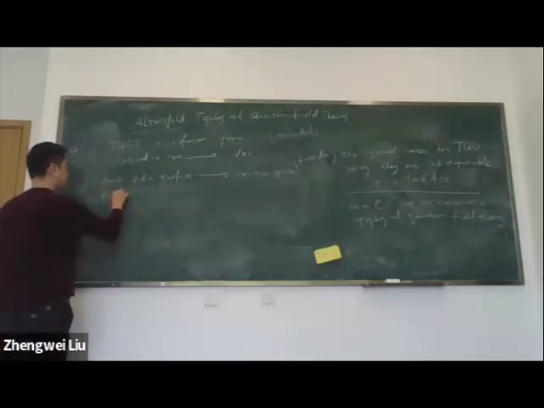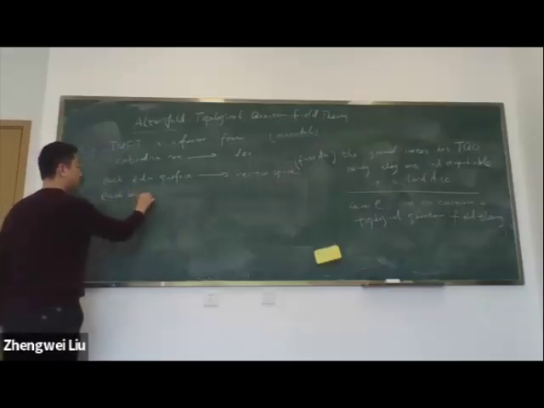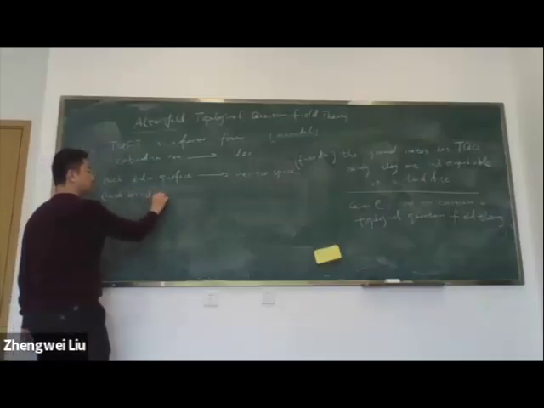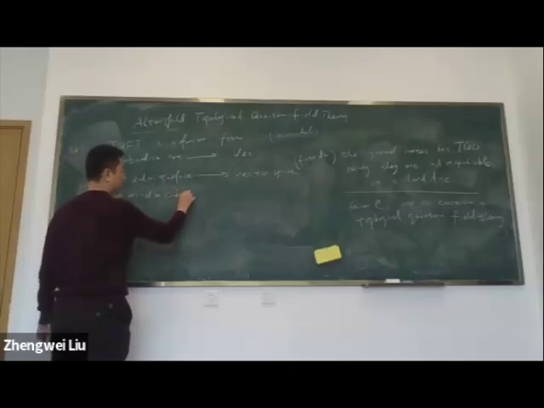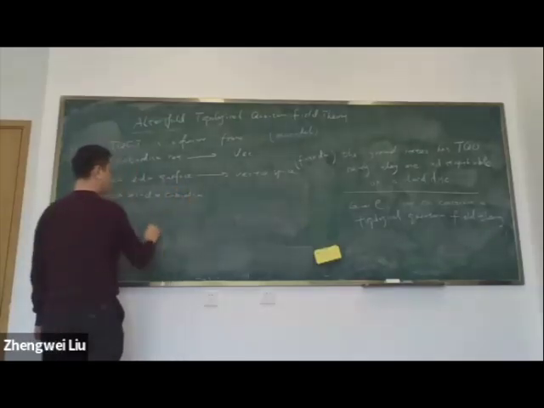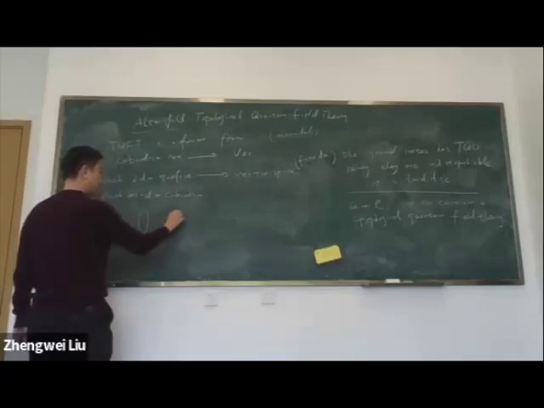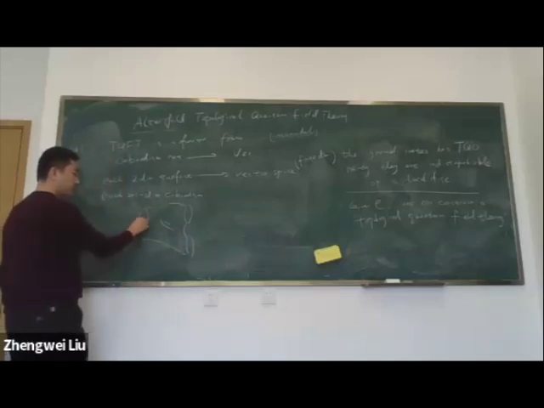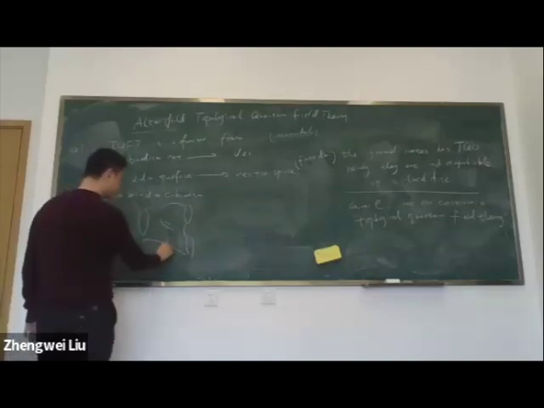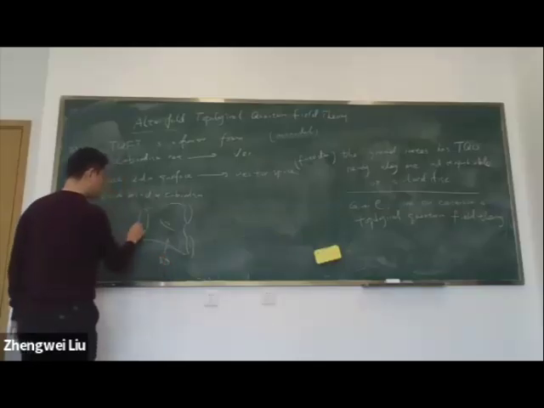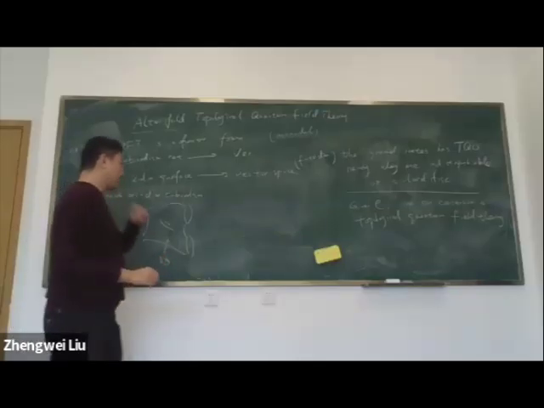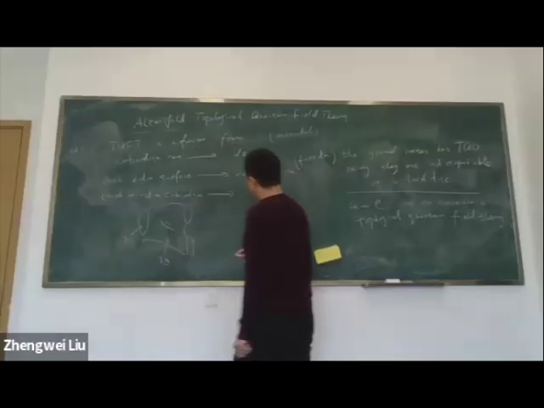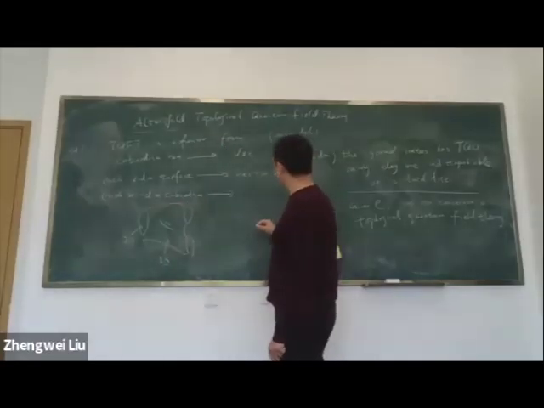And each three-dimensional cobordism, so that's a three-manifold with two-dimensional boundary, each cobordism corresponds to a linear transformation on the vector space.